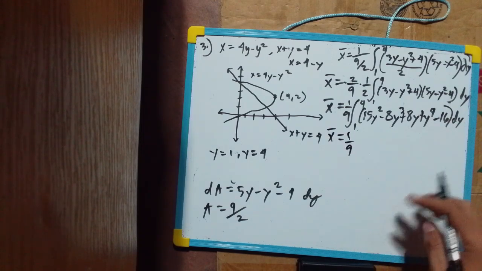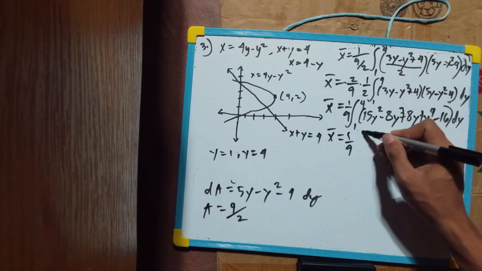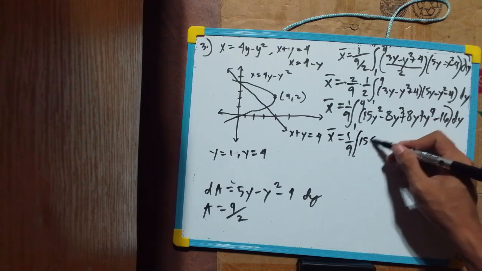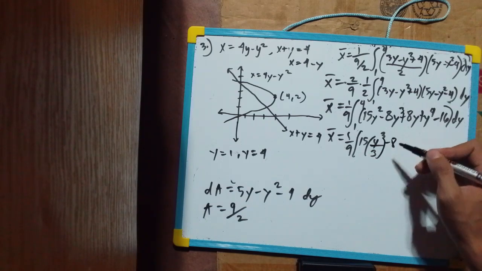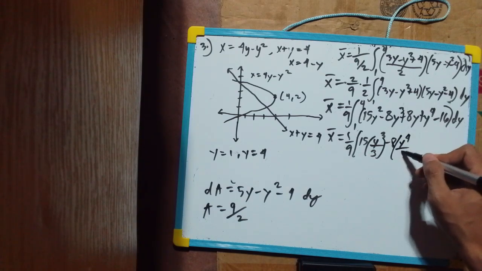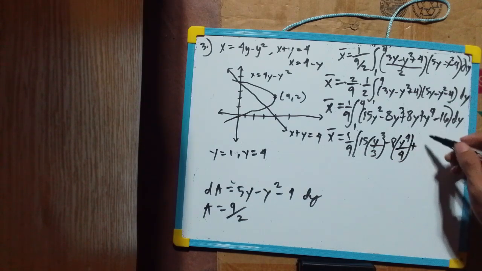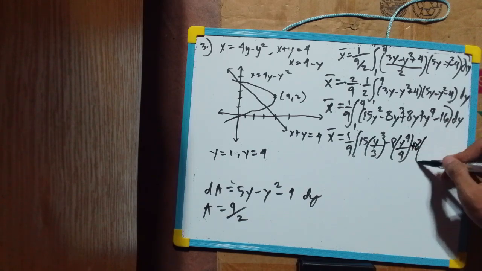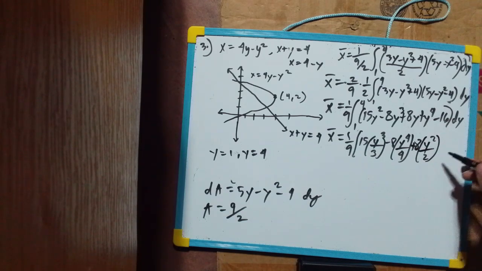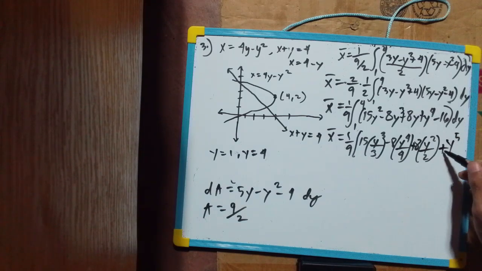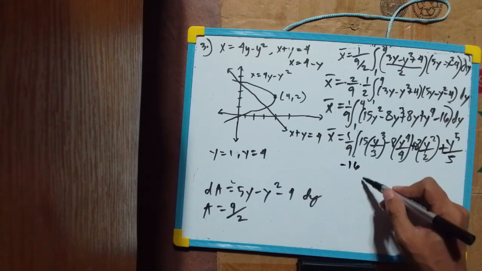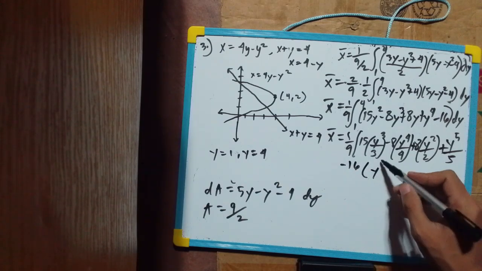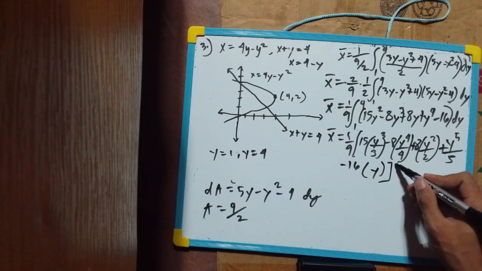Now integrating this separately will result to 15 times y cubed over 3, minus 8 y to the 4th over 4, plus 8 times y squared over 2, plus y to the 5th over 5, minus 16 times y, from 4 to 1.